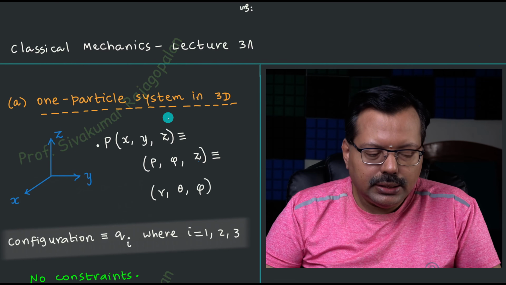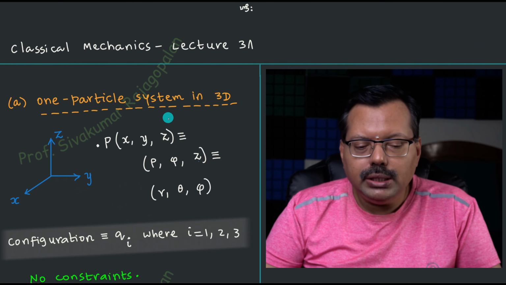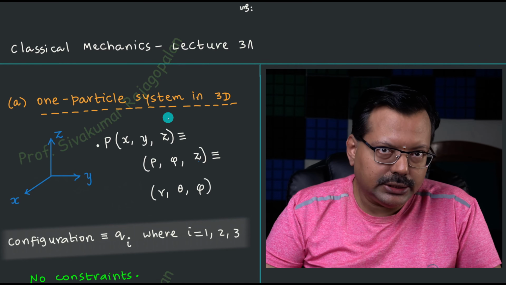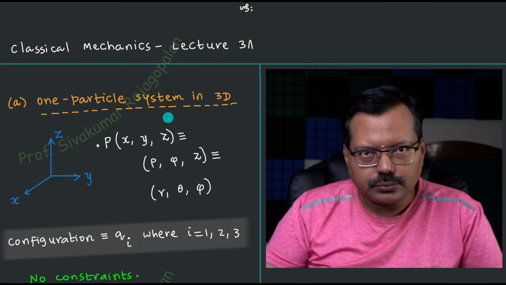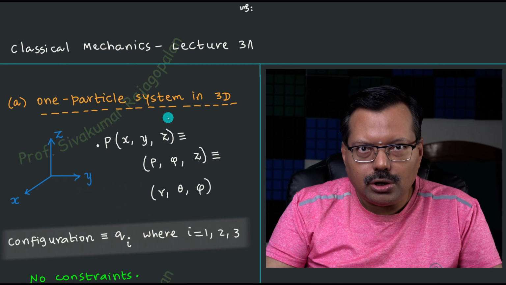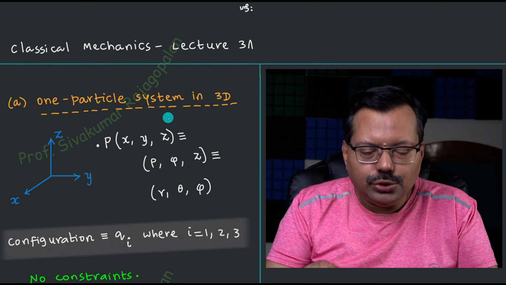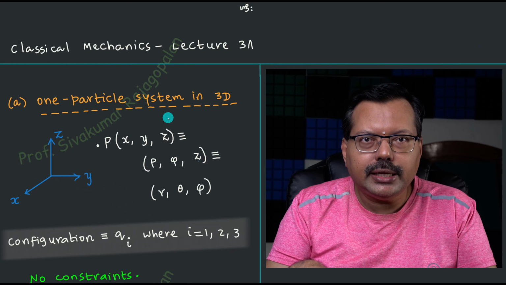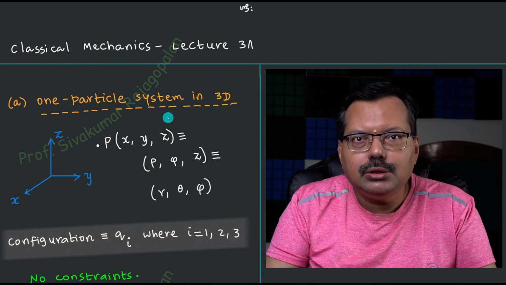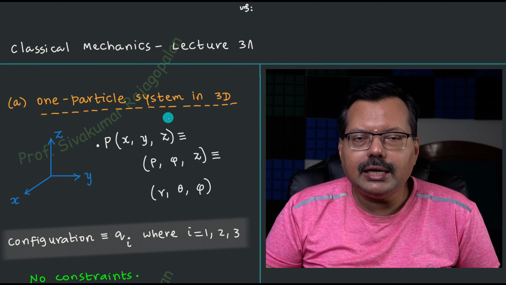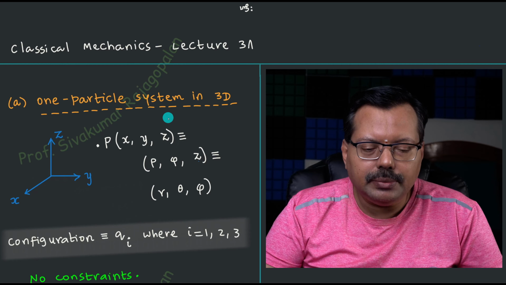It may be a single particle system or a multi-particle system, or it could be several particles with some connections between them. Connection means physically you can connect one to the other using some kind of rod or chain, anything you can do. All of them are dynamical systems. A dynamical system is a system that makes temporal evolution with respect to time. If time changes, the system also will change; it will not stay at a particular place.